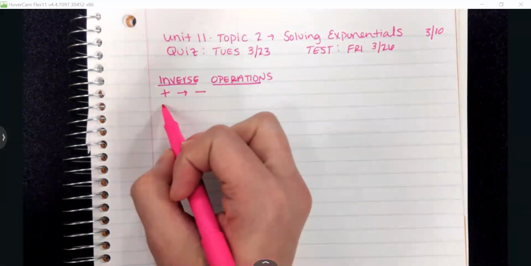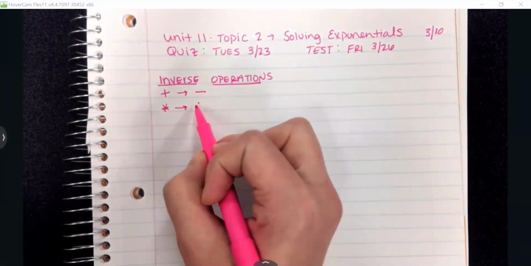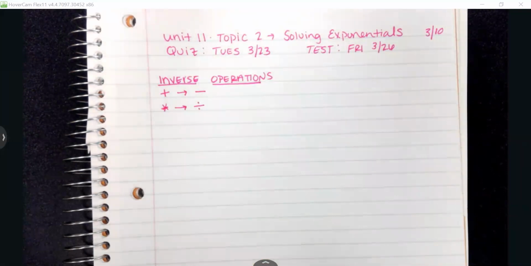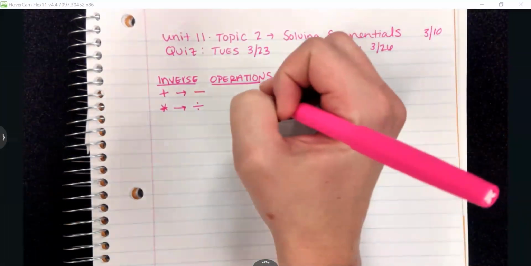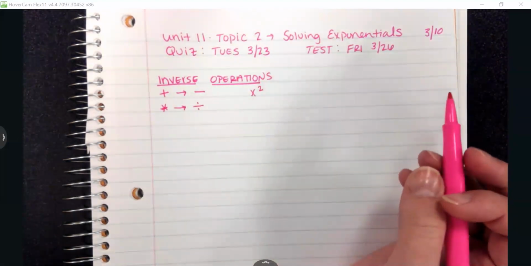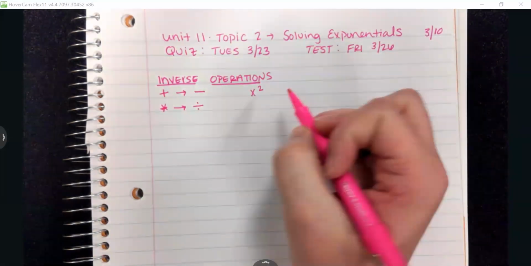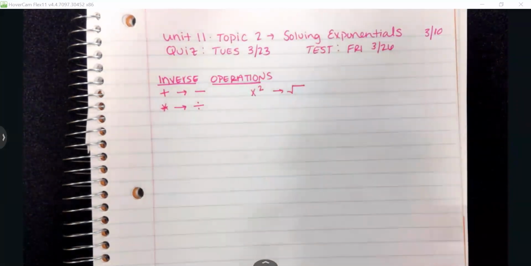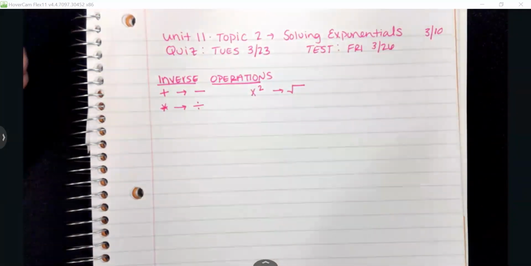If I have multiplication, how do I undo multiplication? I use division. If I have x squared, if I have a quadratic, how do I undo a quadratic? A square root. Okay?